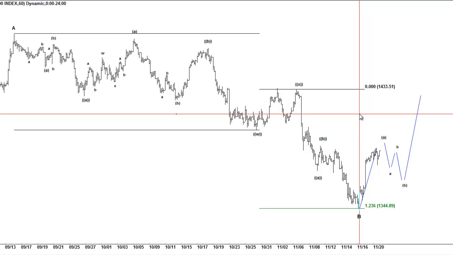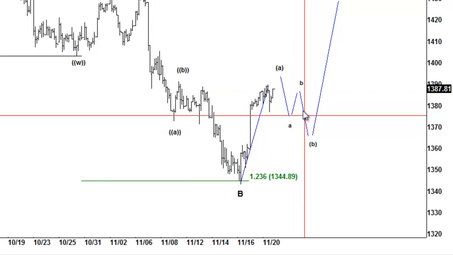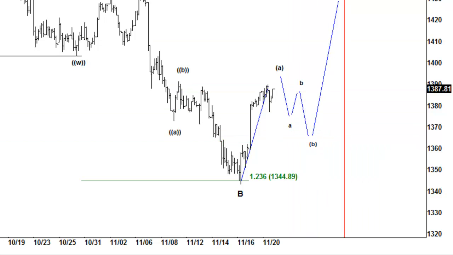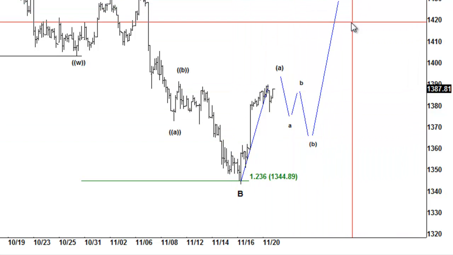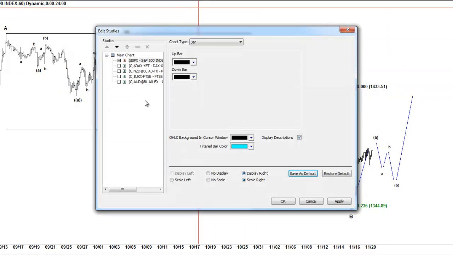So that move in the S&P makes me confident that another leg higher in risk to at least 1400 should take place, and that makes me confident to make the case for another move lower in the US dollar. If we overlay the US dollar, let me see if I have it here.